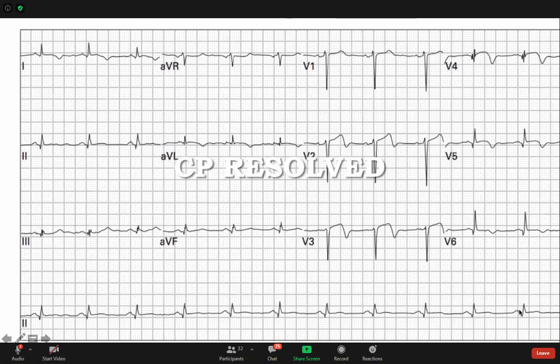This is 10 seconds, if you multiply 11 ب6 بكم؟ 66. So the heart rate is 66. Okay, so let's move on.